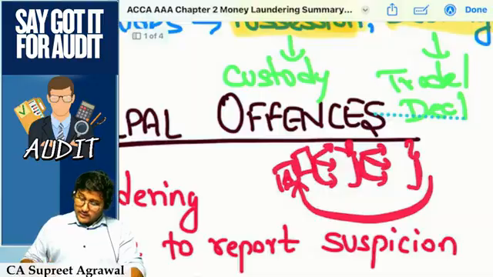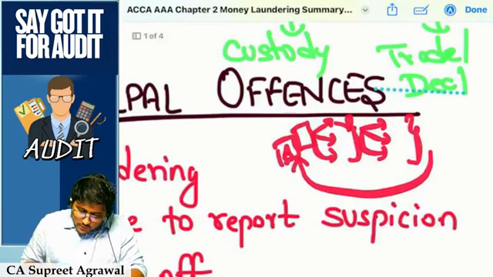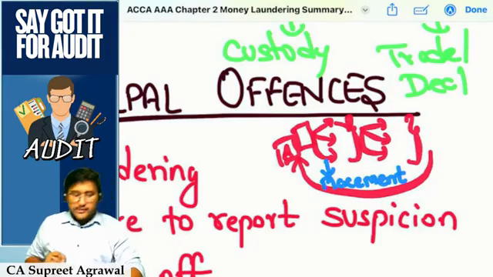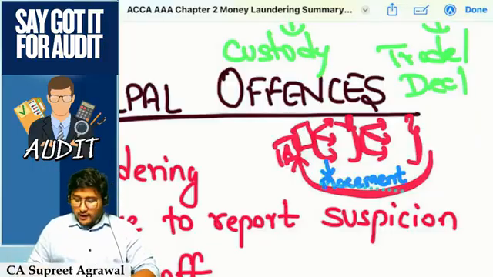Now let us name this process. Let us have certain names for it. When this person distributed this money to these people, you know what it was called? It was called placement.